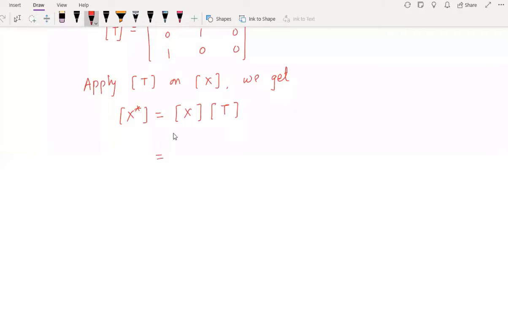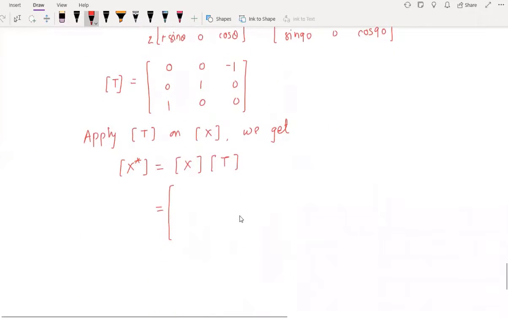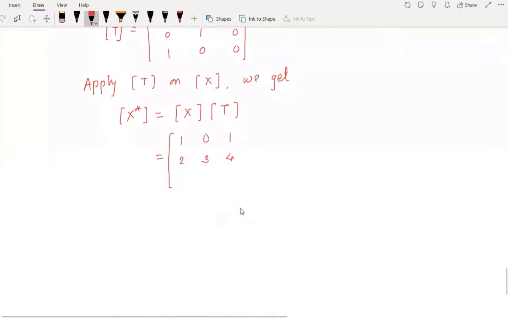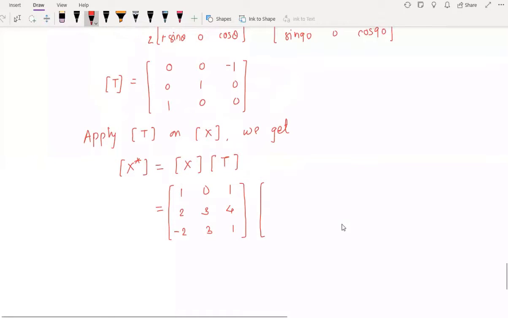So we have the matrix X as well as T. X is equal to 1 0 1, 2 3 4, and minus 2 3 1. First row is 1 0 1, second row is 2 3 4, and the third row minus 2 3 1. And then transformation matrix T is equal to 0 0 minus 1, 0 1 0, and then 1 0 0.